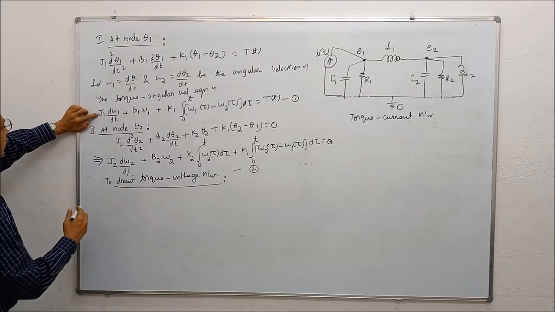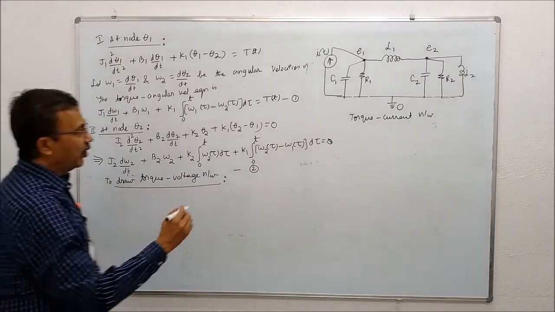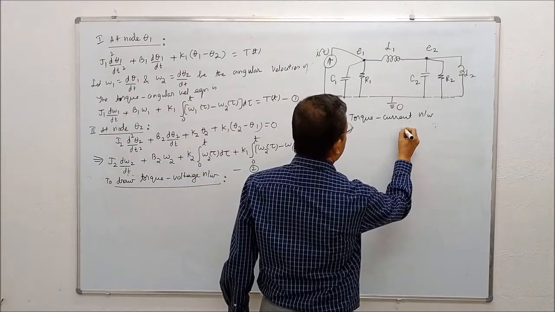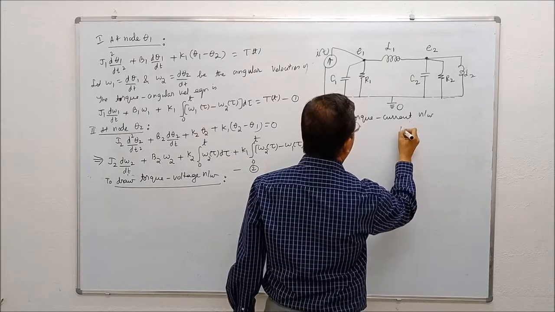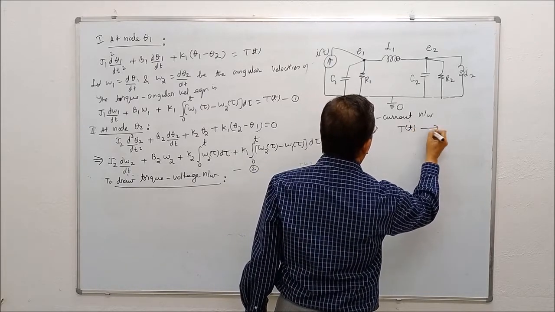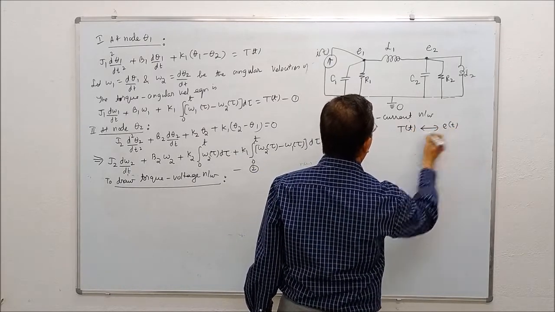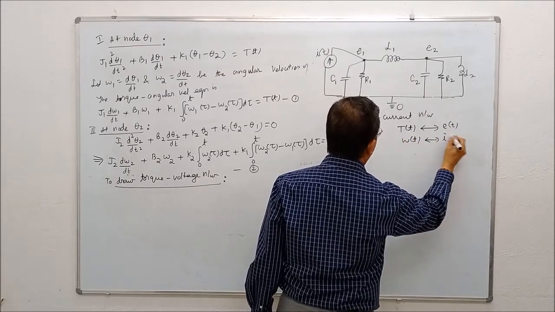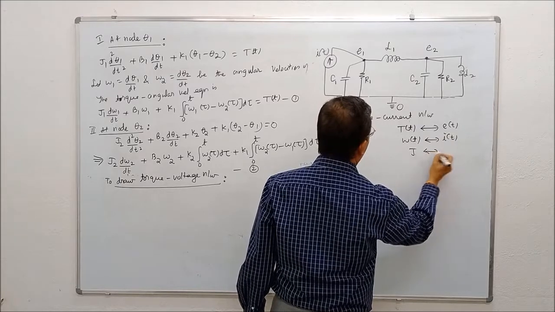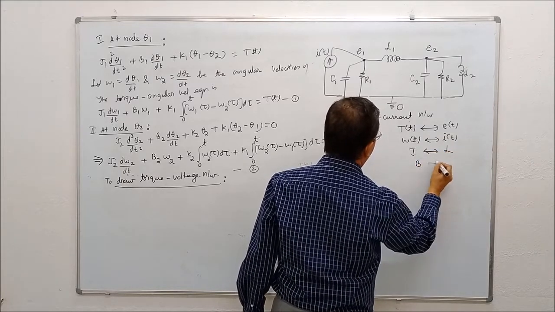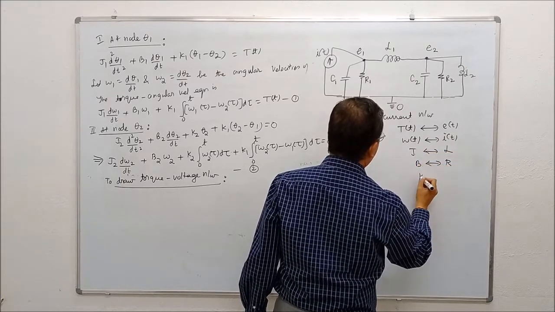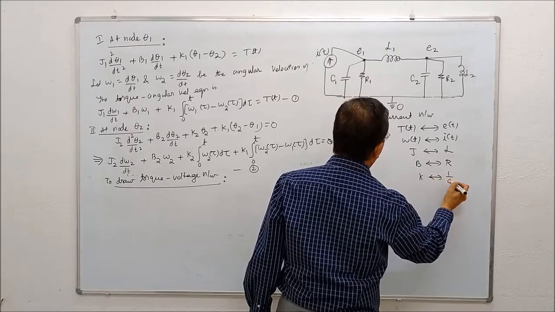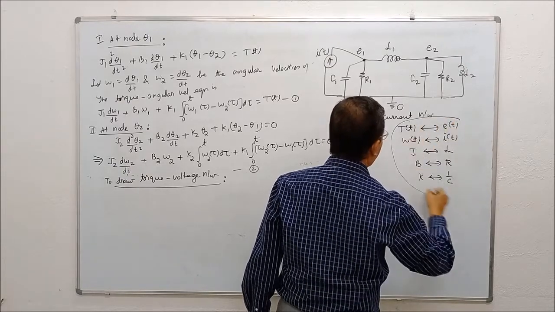Remember this set: T(t) is replaced by E(t), ω(t) is replaced by I(t), J is replaced by L, B is replaced by R, and K is replaced by 1/C. This you have to remember.